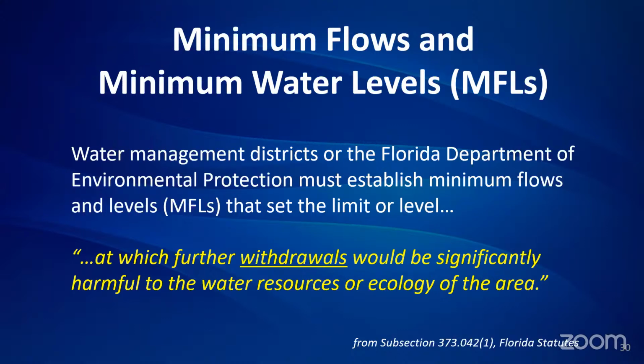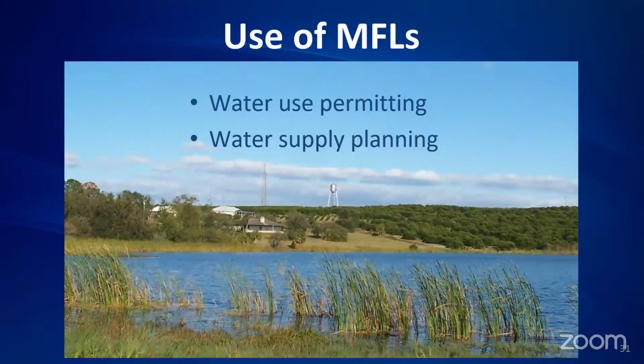So minimum flows and levels serve a specific purpose. They're used to identify these limits beyond which further withdrawals might be significantly harmful to the resources. So they're useful tools for all the things that the districts and the Department of Environmental Protection do, and they're useful for this planning effort. Some of the things that the districts and the DEP do include water use permitting.